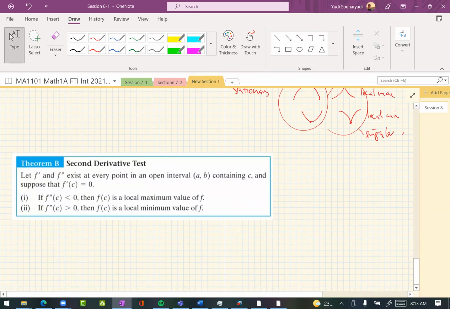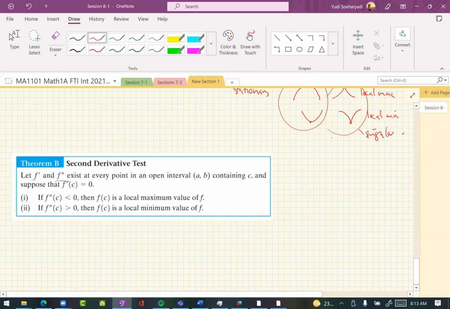And we also have what we call the second derivative test. Actually, this is the thing that you used in high school. You compute the first derivative, find the stationary point, and then find the second derivative. So the assumption is that the first and second derivatives exist.